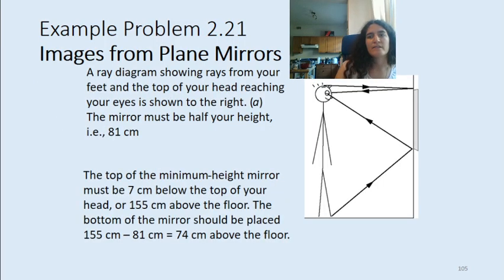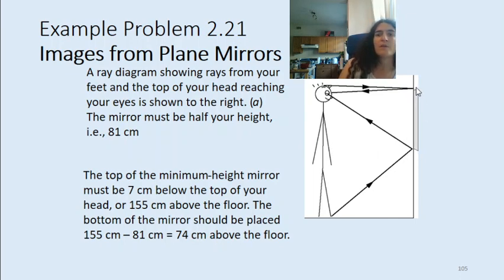So if I want light to basically bounce off of my toes and hit a mirror and then come back to me, to my eyes, then I need to place the bottom of the mirror at exactly halfway the distance between my eyes and the floor, right? So if my eyes are at 148 centimeters off the ground, then the bottom of the mirror has to be half that distance above the floor. So 74 centimeters above the floor. 148 divided by 2 is 74.